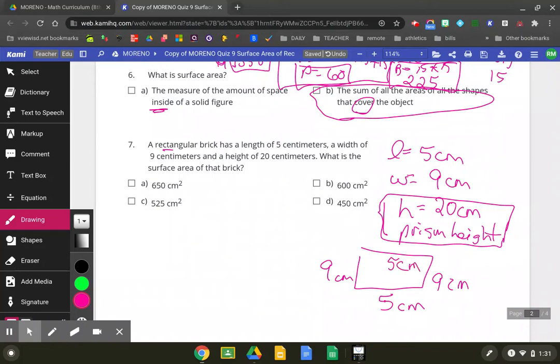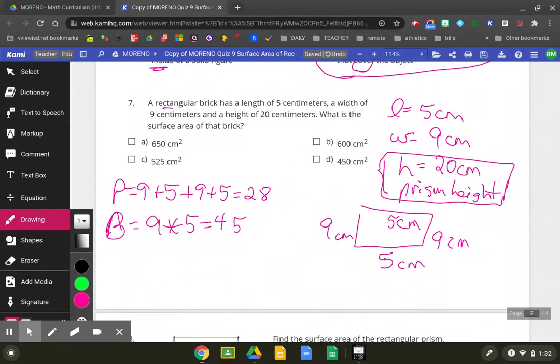All right, so big P is 9 plus 5 plus 9 plus 5, which gives you 14 and 14, 28. And then big B would be 9 times 5, which is 45.